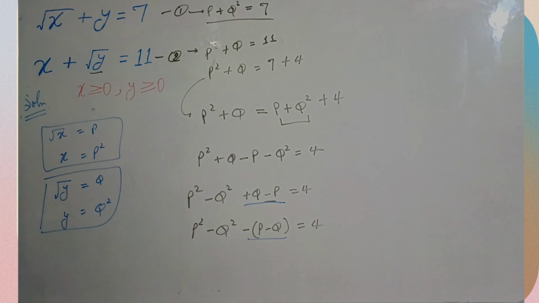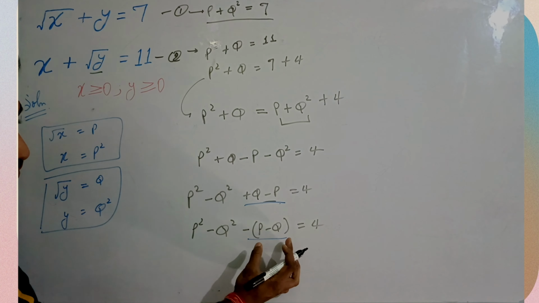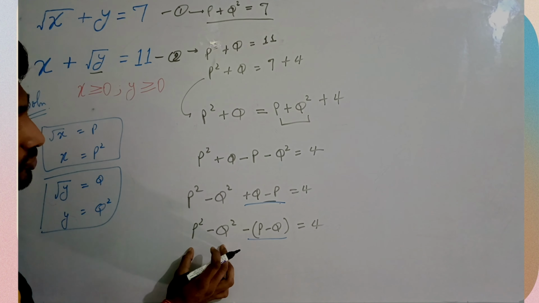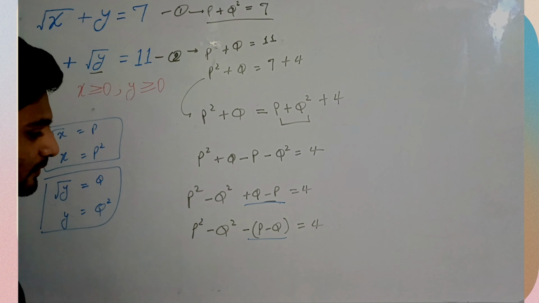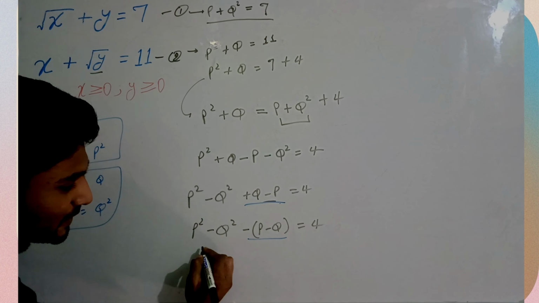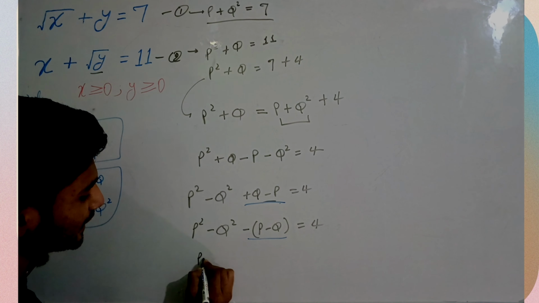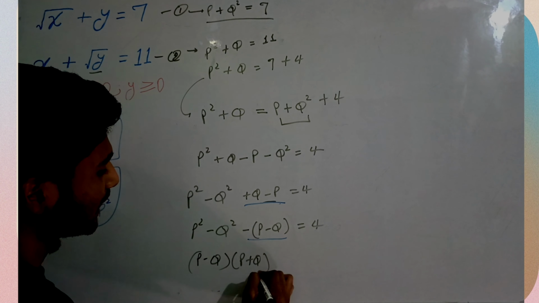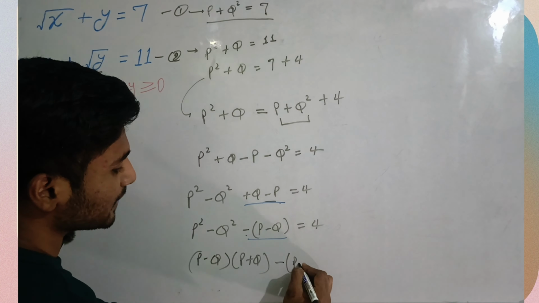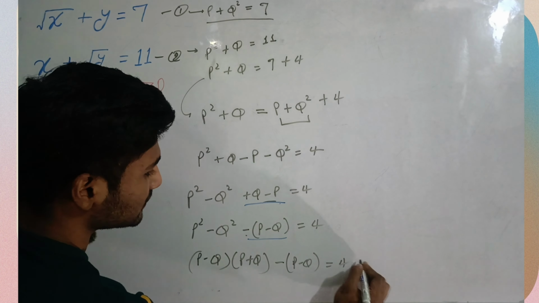So why did we do this? Because we are going to use the expansion a square minus b square, and we get this term in the expansion of a square minus b square. So we are going to take this common. So a square minus b square is equal to a minus b into a plus b, and our term is p minus q, and the right side is 4.